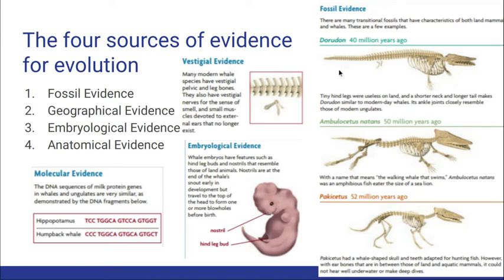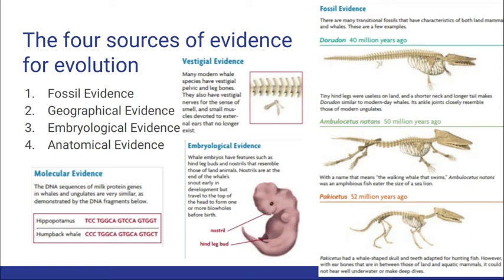But then 10 million years later, about 40 million years ago, you see that those hind legs are very, very small. They're almost non existent. And today, you still see the vestigial structure of the pelvis in modern day whales, but it is no longer usable. We'll talk about vestigial structures a little bit later, but that is also a very important form of evidence.